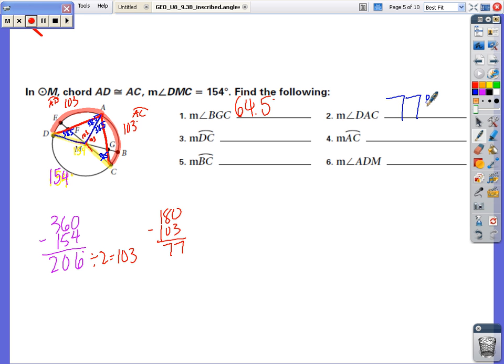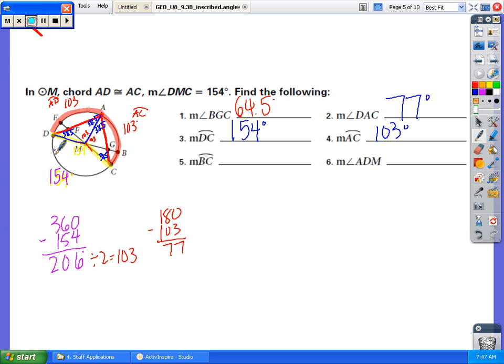DC is going to be 154 because that's from here to here, and we already found that earlier. AC, we found that. A to C, 103. BC. Alright, so B to C here.